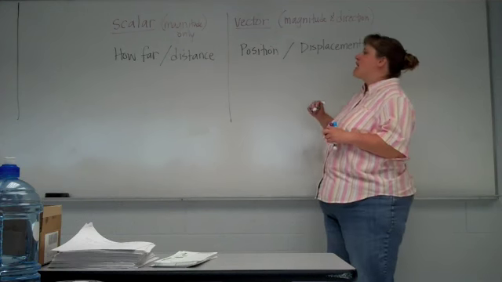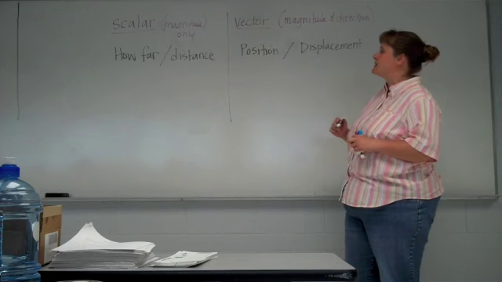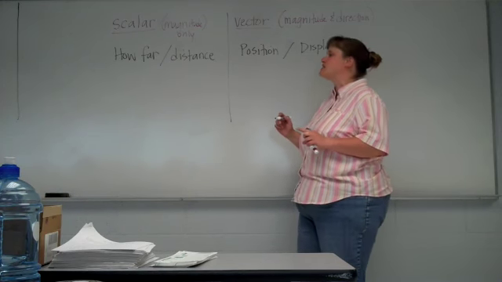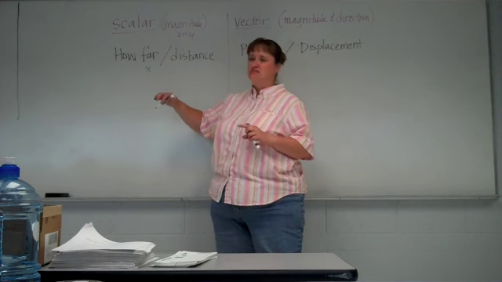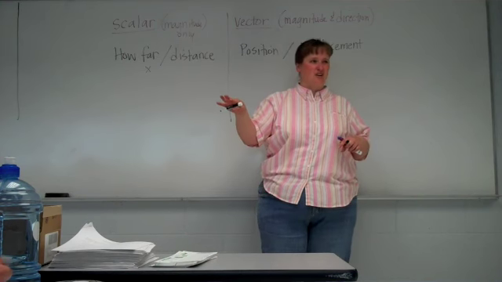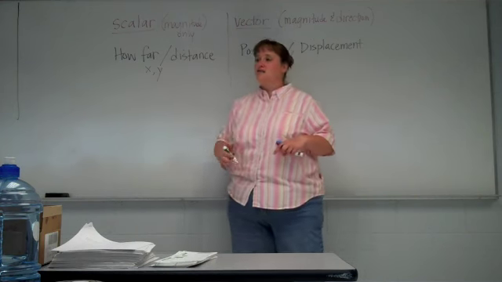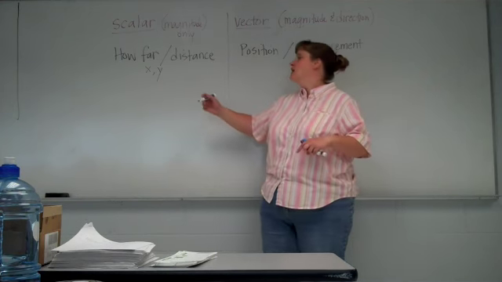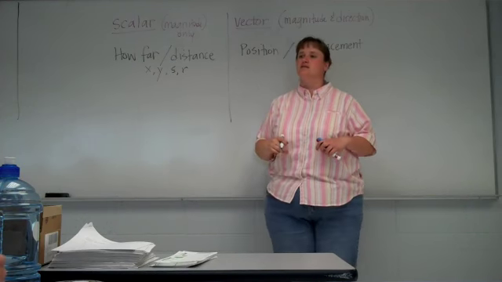Okay? For all of these, distance, position, and displacement, the symbols we're going to use may be an X, generally correlating to the horizontal or x-coordinate system. A Y, if we talk vertical. You may see an S or an R as well.